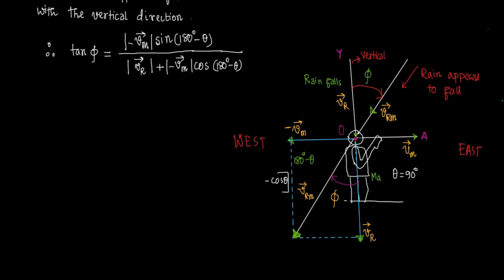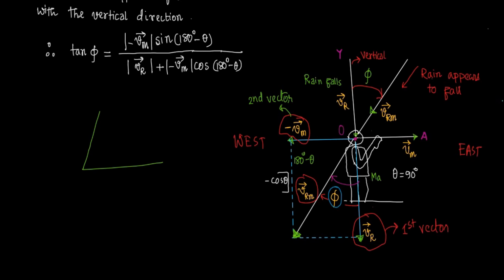In the diagram, phi is the angle subtended by vector VRM with vector Vr. That's why vector Vr is the first vector, and minus vector Vm is the second vector, and we have to explain the expression of tan phi. Now we can draw a parallelogram.